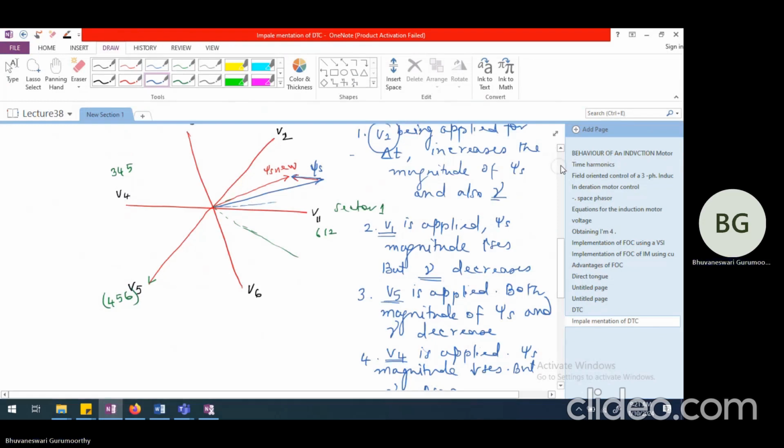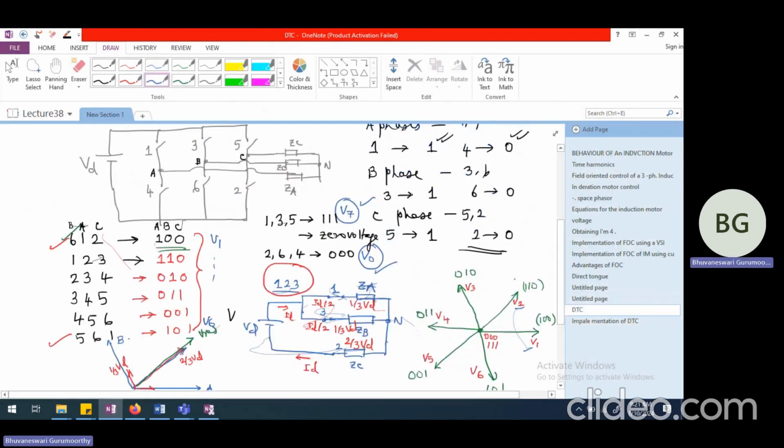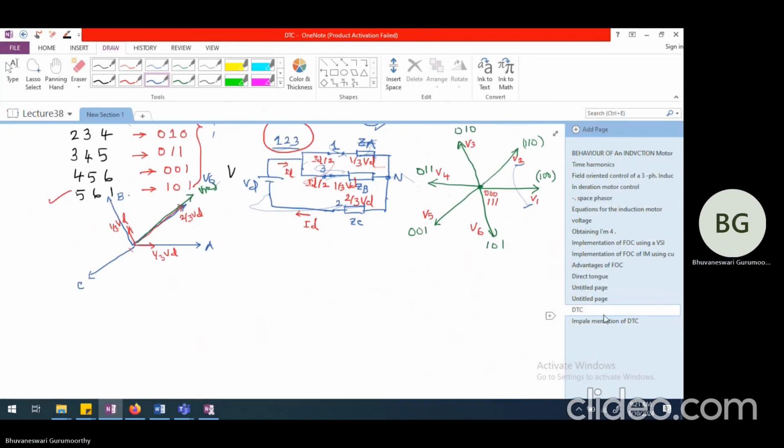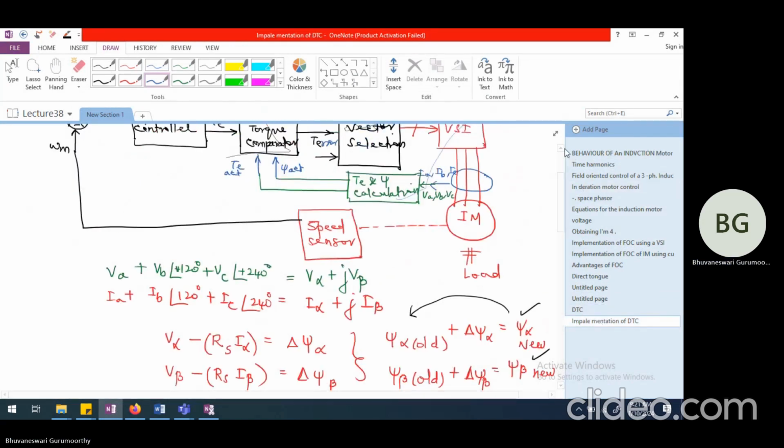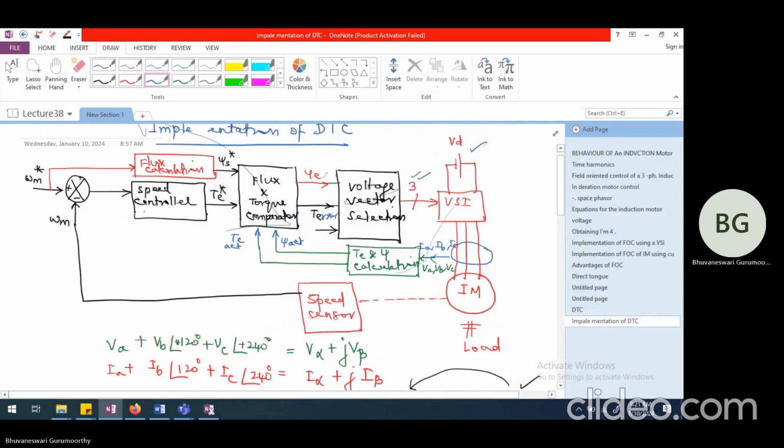So, in general, direct torque control basically requires the actual sector position of psi s. So psi s actual we are getting as calculation here. This is going to be the sector position of psi s.